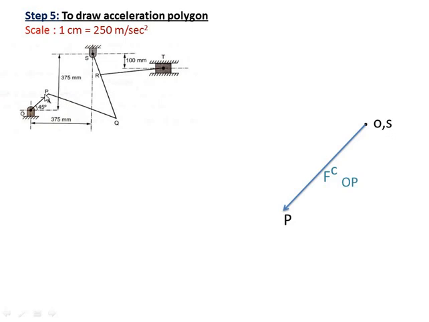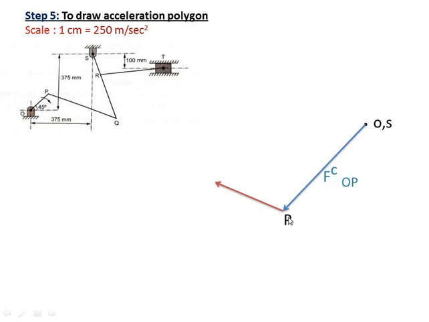So it is in an upward direction: from P, parallel to PQ, in the upward direction. If Q were the center of rotation, then from P you would go in a downward direction. But here P is the center of rotation, so the direction should be towards P, which means upward.